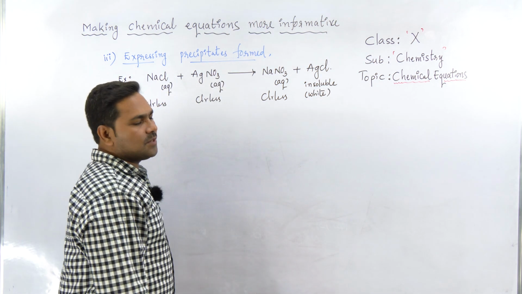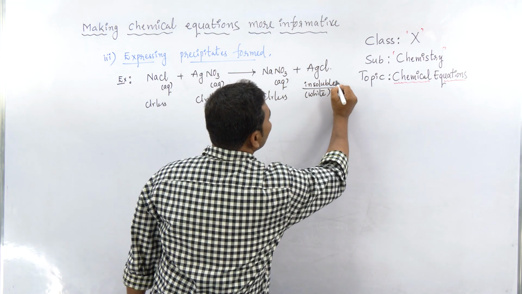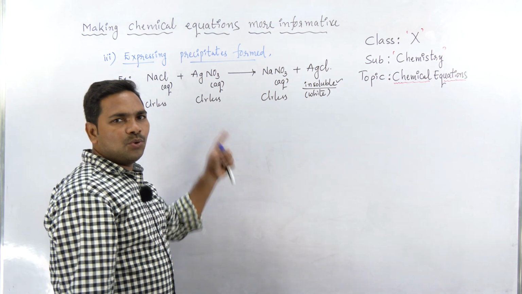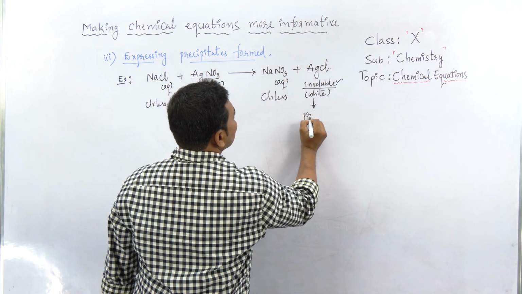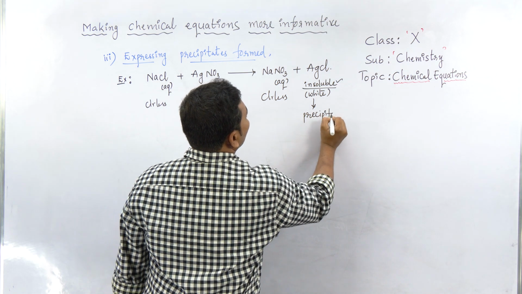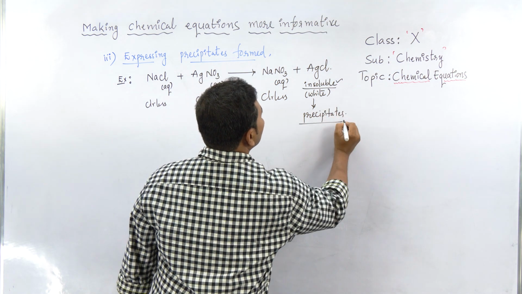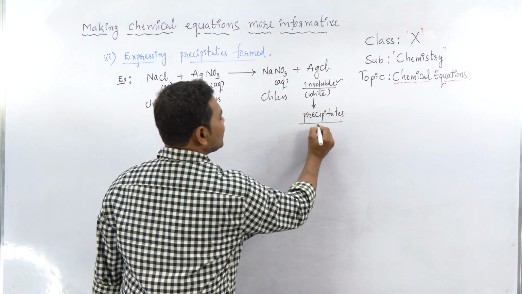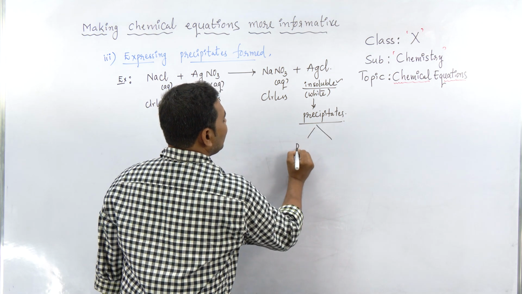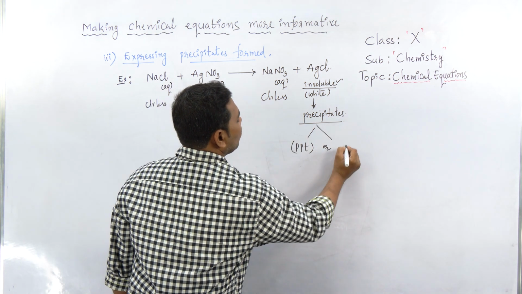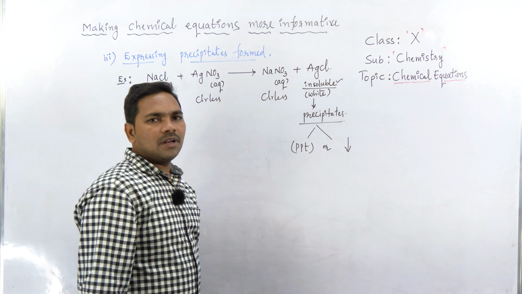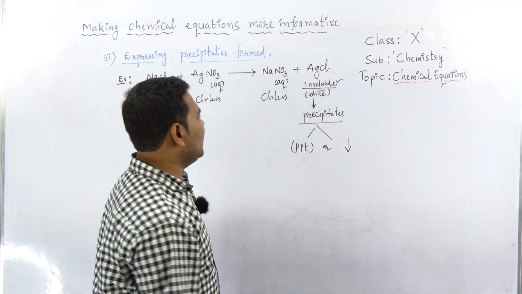Such insoluble substances formed during a chemical reaction are generally called precipitates, and these precipitates are represented in two ways. One way is writing PPT in brackets, or we can also write a downward arrow representing a precipitate.